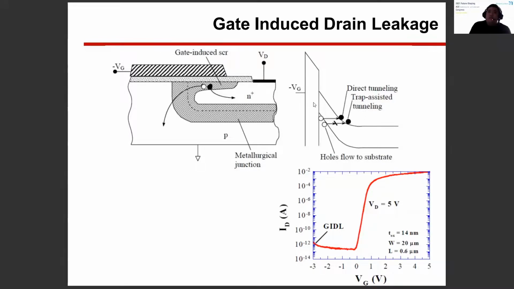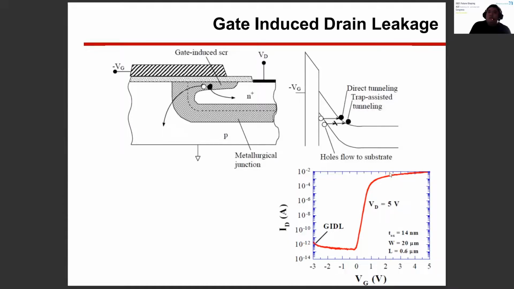As we see in this energy band diagram, the width of the band gap is lower than in the normal state. This means the holes in the substrate can be warped or tunneled into the drain or source. This is called gate-induced drain leakage, or GIDL.